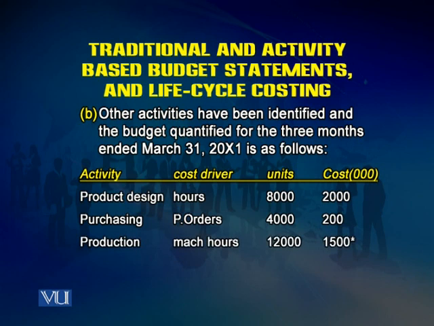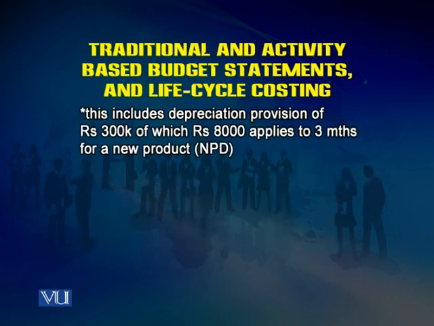The activity of production, here the cost driver is the machine hours. We expect 12,000 machine hours, and they will cost 1,500,000, so 1.5 million. And in this 1.5 million is included a depreciation provision of 300,000, of which 8,000 applies to 3 months for the new product NPD.